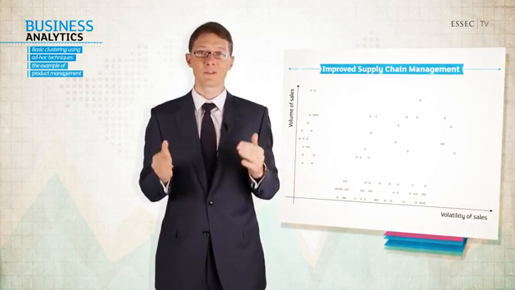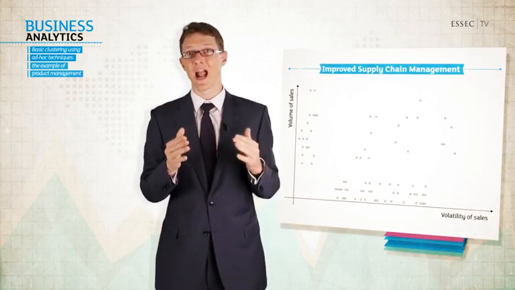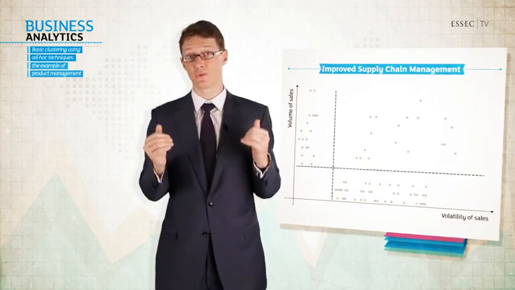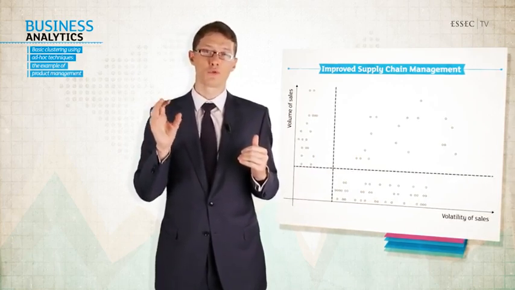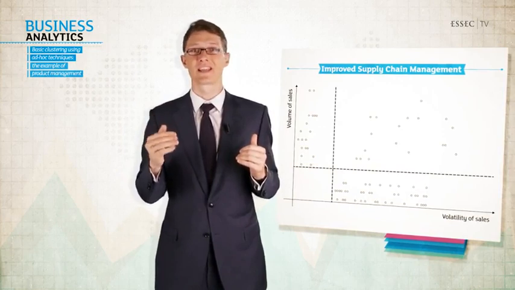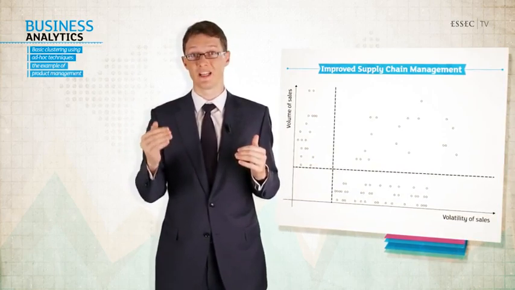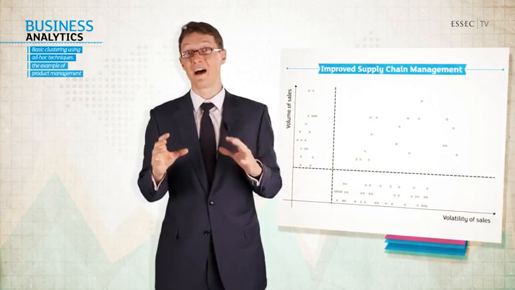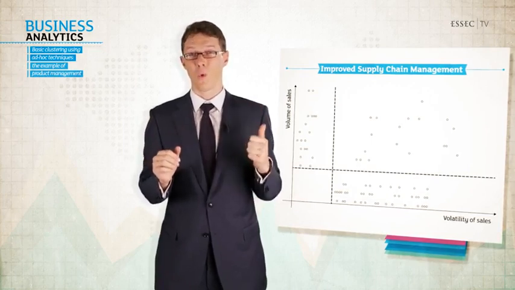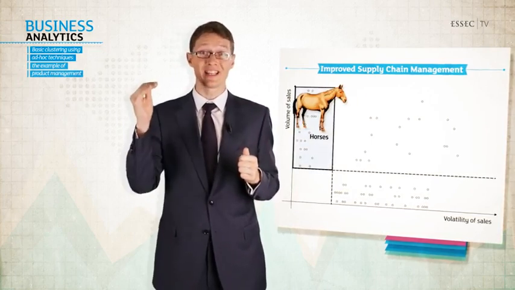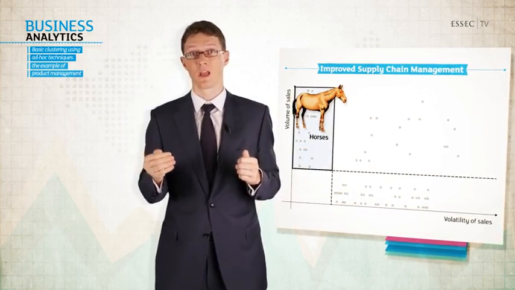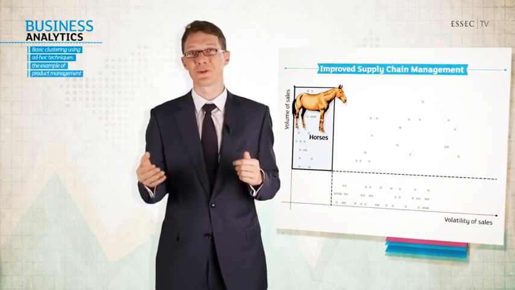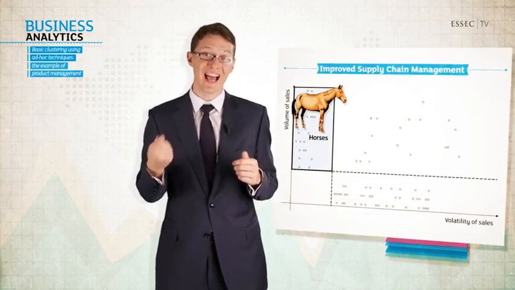For instance, we can split both the variability and the average sales dimension in two, and group the two bottom cases, that is, SKUs with smaller average sales together. We then have three cases. One, SKUs with high sales and low variability. Let's call them horses because those products are strong and reliable.